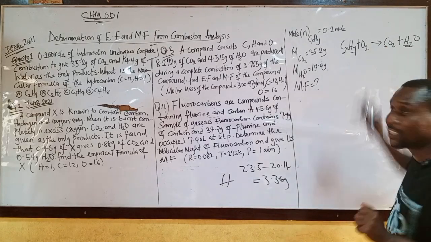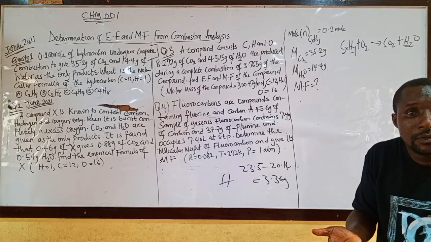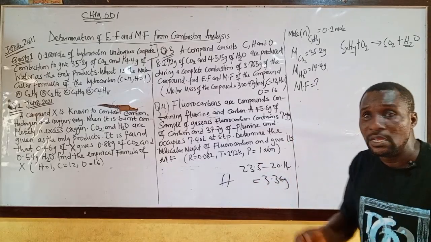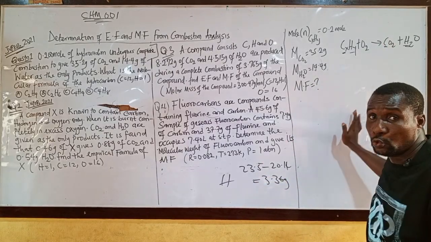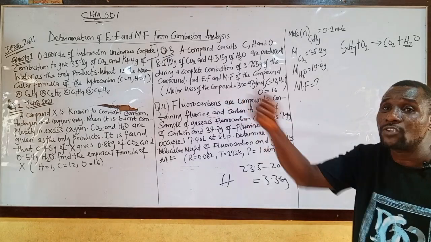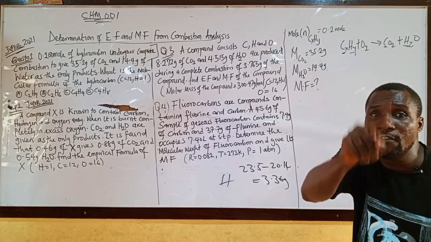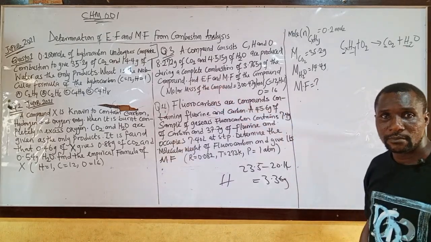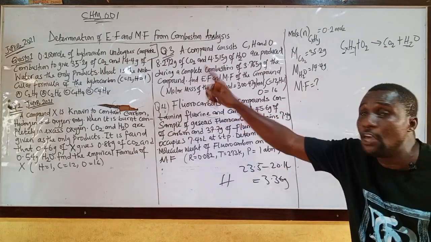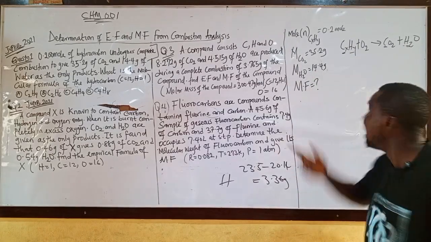We are not given the mass of carbon or the mass of hydrogen, but we are given the mass of CO2 and of water. That means you will get the mass of carbon from the given mass of CO2, and the mass of hydrogen from the given mass of water. How do we do that?